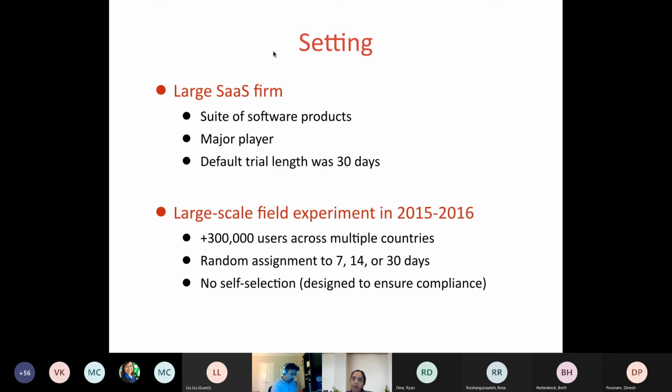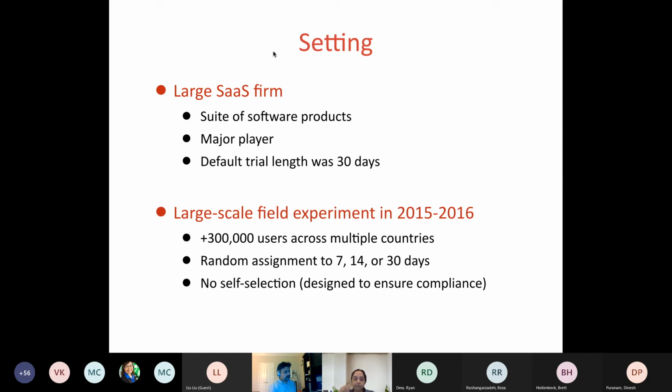And they picked the three most common trial lengths, which were common in the industry: 7 days, 14 days, and 30 days. Whenever you think of running these kinds of experiments, one issue often is compliance, which is that people might simply choose not to get the treatment that you want to give them.